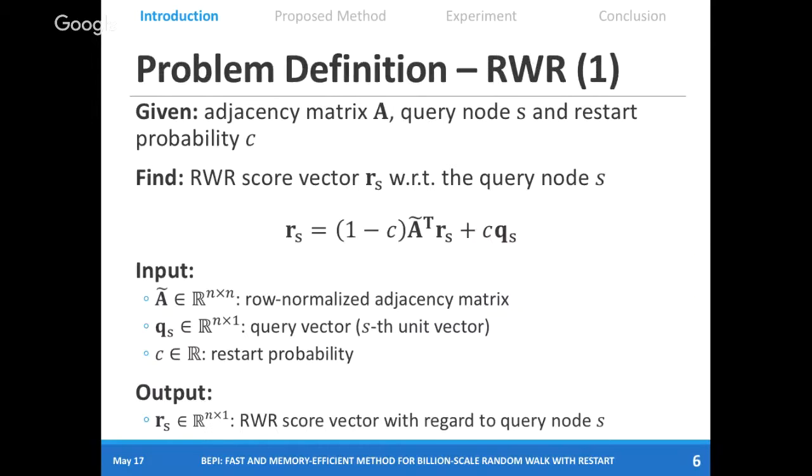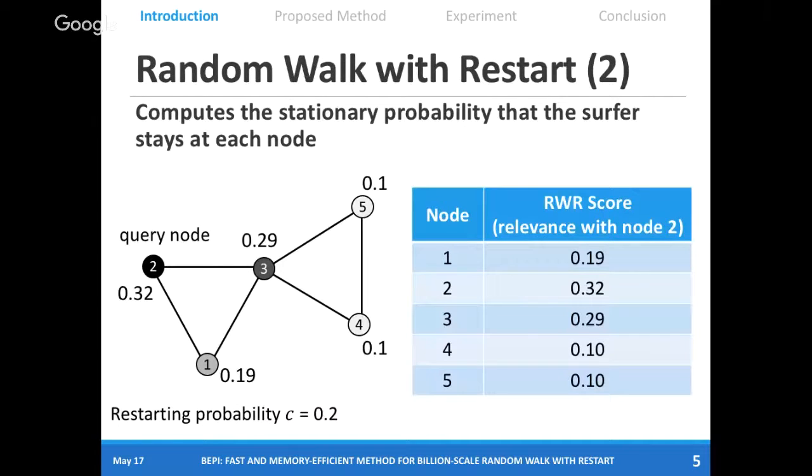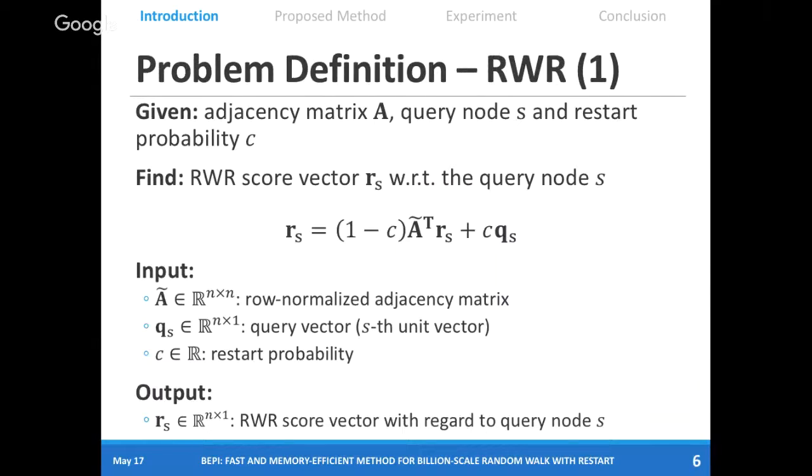As shown in this example, the query node is 2, and the RWR scores with respect to node 2 are in the table. Let me explain the problem definition of RWR. Given an adjacency matrix A, the query node S, and the restart probability c, our goal is to find the RWR score vector r_S with respect to the query node S, satisfying the following recursive equation. In this equation, the middle term indicates the random walk, and the last term indicates the restart.